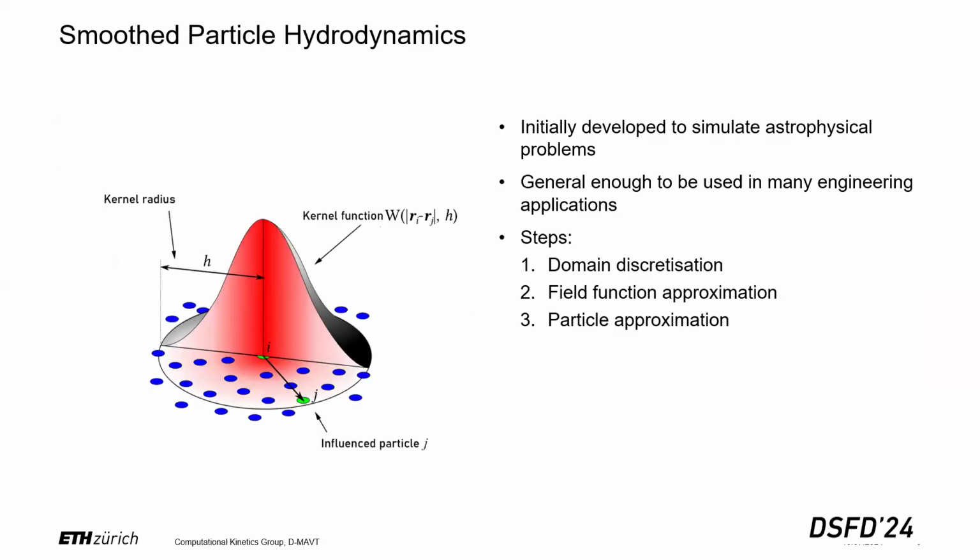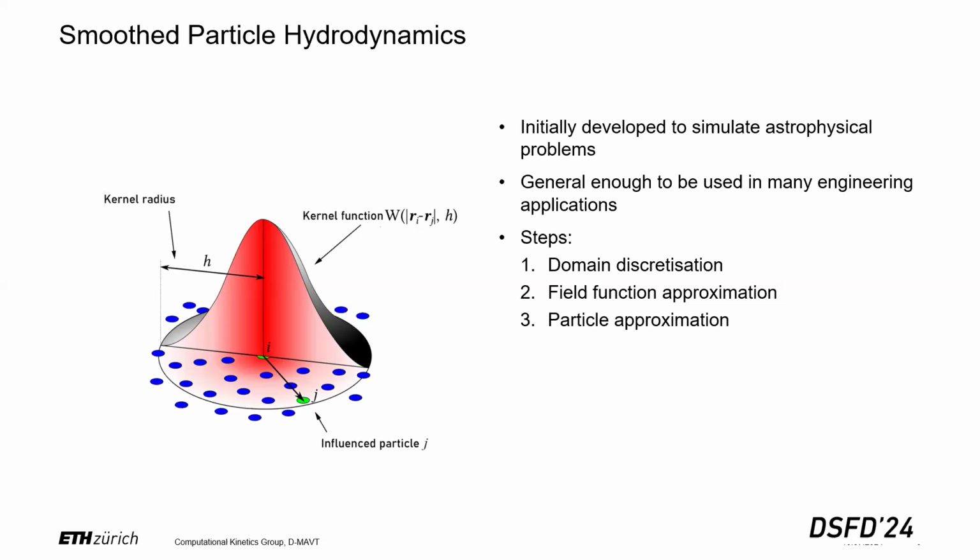SPH was developed in 1977. It was first used for astrophysics problems. In the following decades, people gradually refined it and adapted it to use in engineering problems. Today it's commonly used in civil engineering and mechanical engineering. There are 3 basic steps in SPH. First, we do a domain discretization.